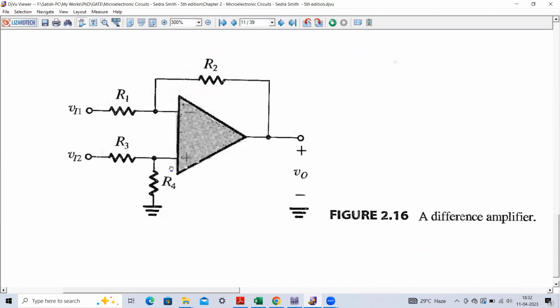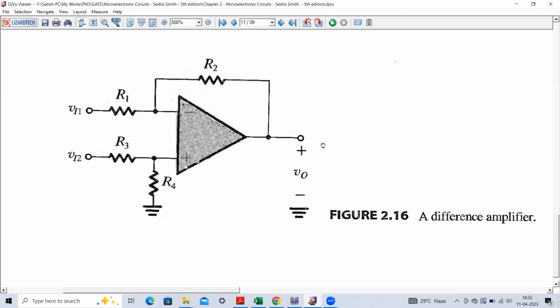We take resistances R1, R2, R3 and R4 and make this difference amplifier first. Then we apply one input to terminal VI1 and another input to terminal VI2, and we see the output.